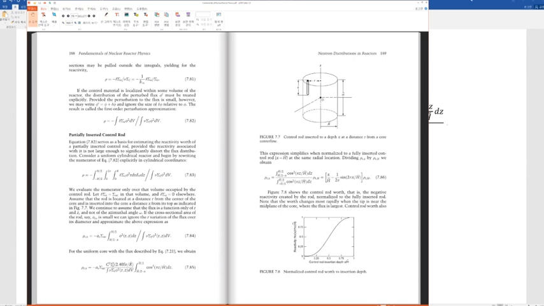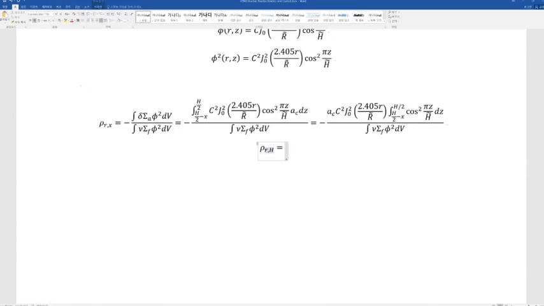So the reactivity for this would be, so integration should be performed from minus h over 2 to h over 2.